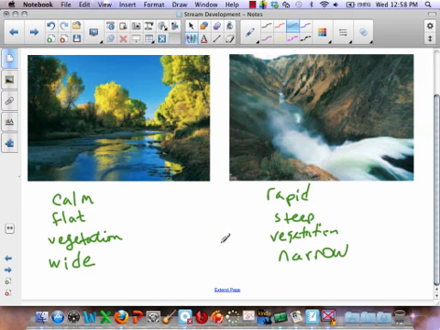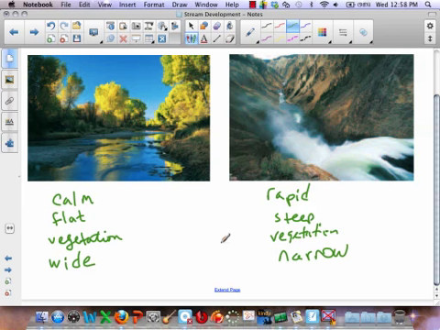Okay, now, one's a lot deeper than the other. Which one do you think is deeper? I think the one on the left is probably 10 times deeper than the one on the right.